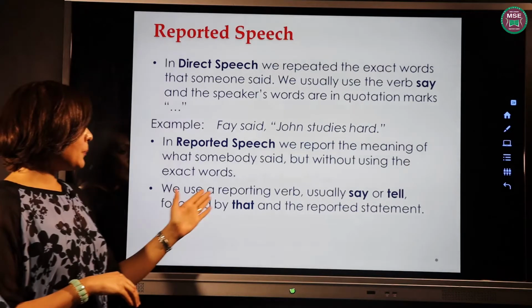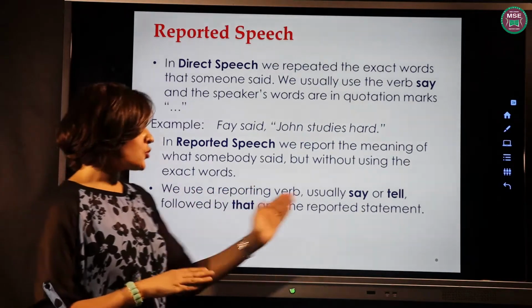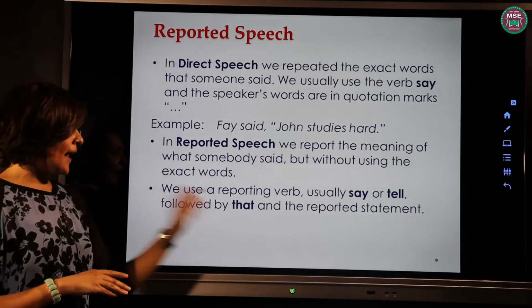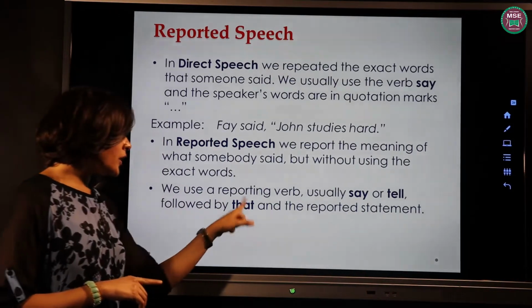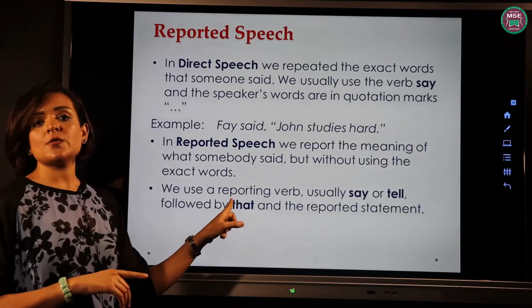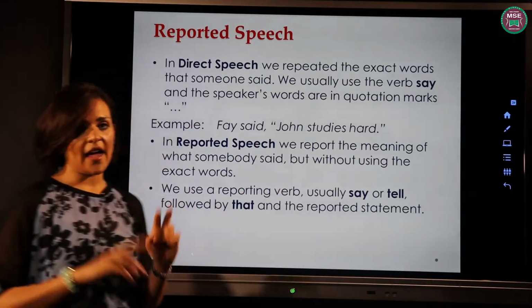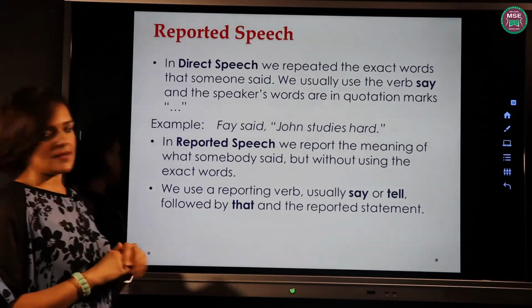We use a reporting verb, usually say or tell, followed by the word that. When I use the word that in the reported speech, I have to omit or remove the quotation marks. I have to remove the commas.